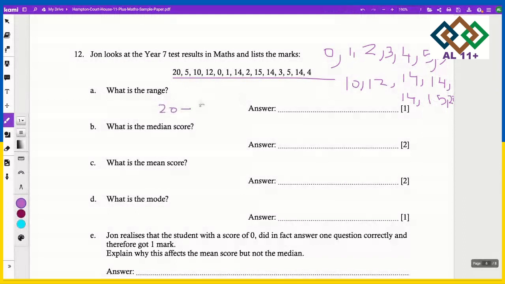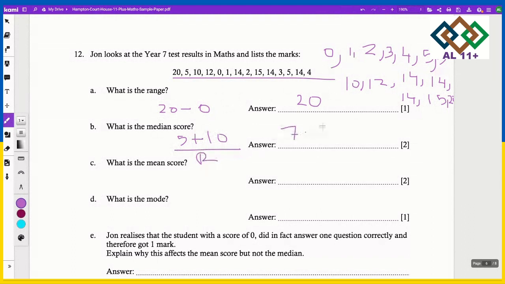So now range is the highest minus the lowest. Highest is 20, lowest is 0. So the answer is 20. Median is the middle one. So it's 5 plus 10 divided by 2.